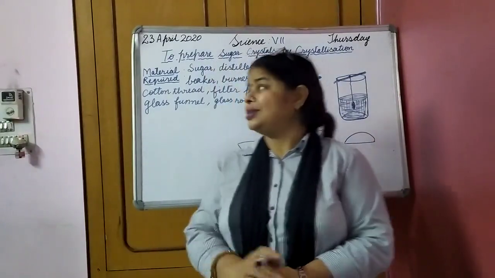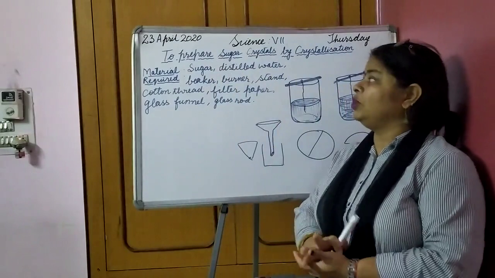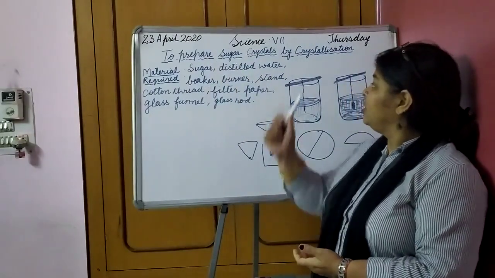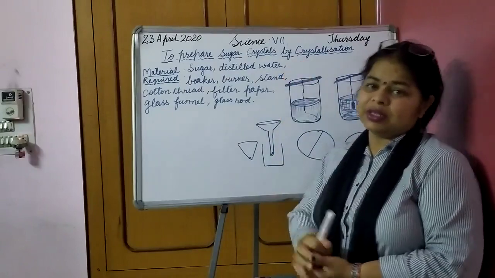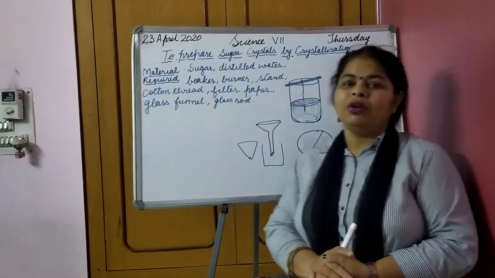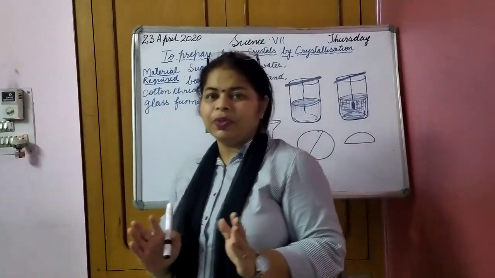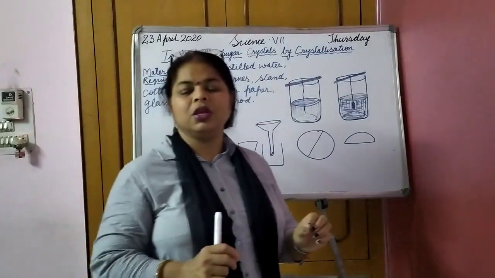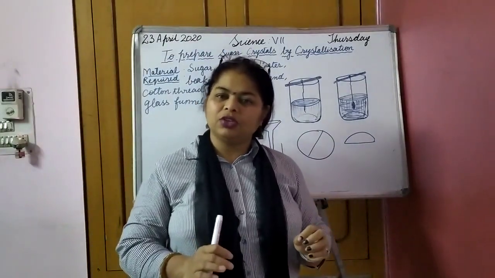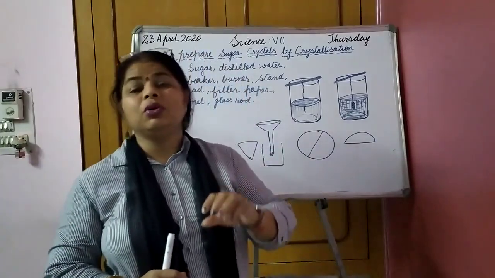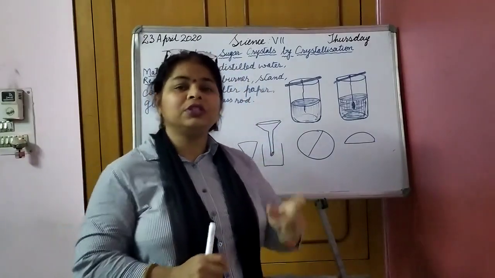Okay, so this is how we prepare sugar crystals by the method of crystallization. One quick recap: we will take 100 ml of water and dissolve sugar in it and make a saturated solution. This saturated solution will be boiled. In this boiling solution, we put some more sugar and keep on stirring.